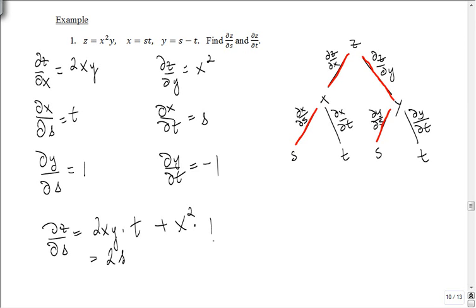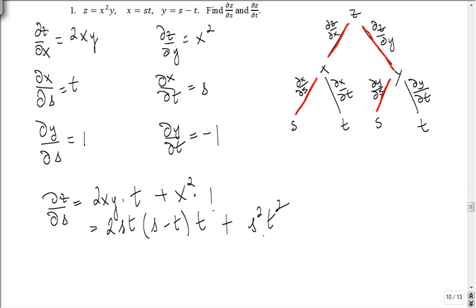So that's 2st times s minus t times t plus x squared t squared. Okay, so that's just 2st squared times s minus t plus s squared t squared. And you can leave it like that, okay?